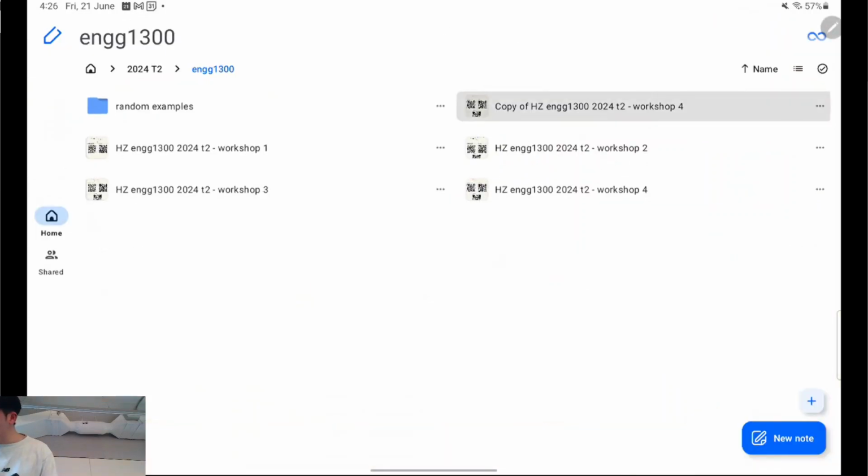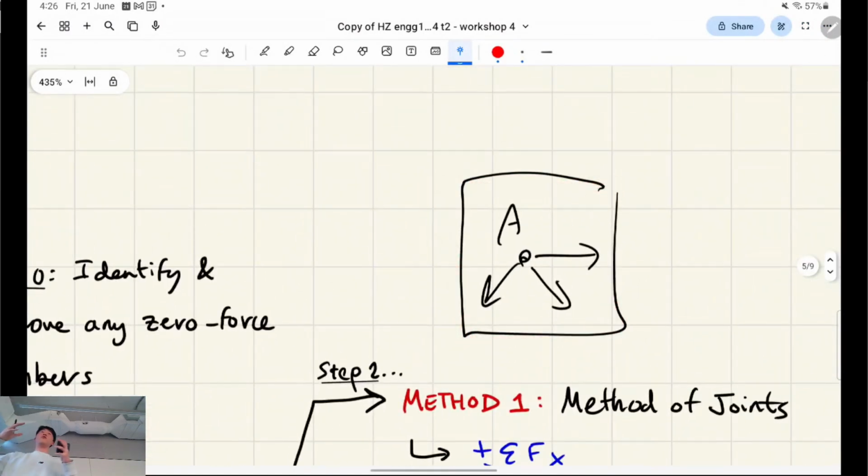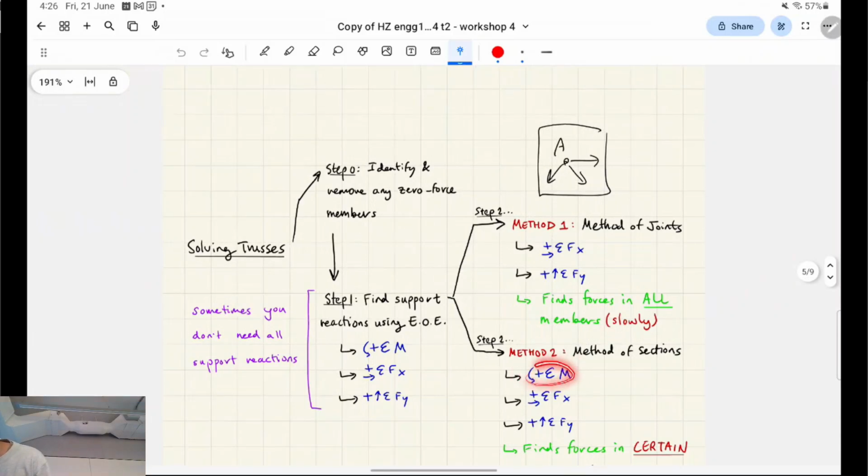So if we go back to my workshop 4, when we analyze a single joint, all of the forces will be concentrated at this single point, and so we can't use the sum of the moments formula anymore. We only use the vertical force equilibrium and the horizontal force equilibrium.